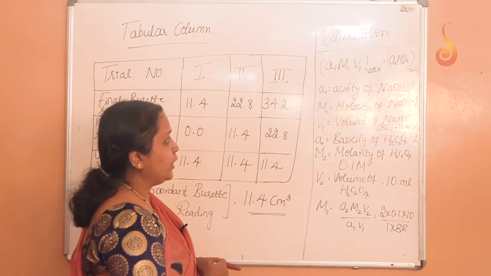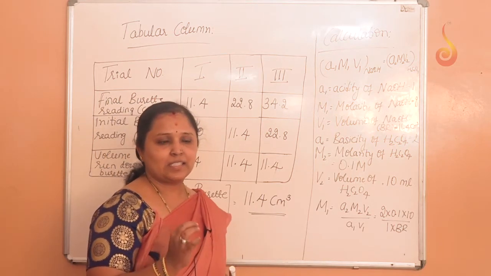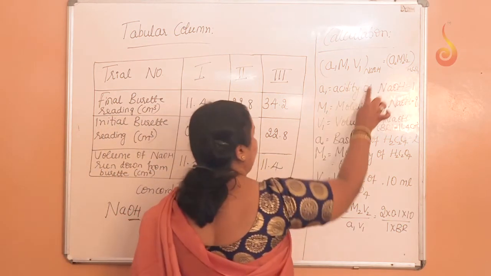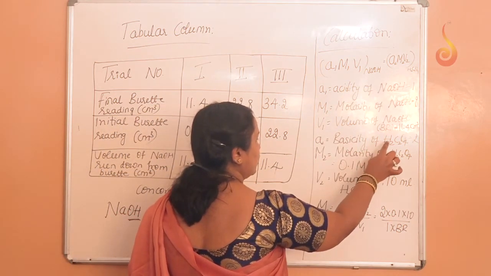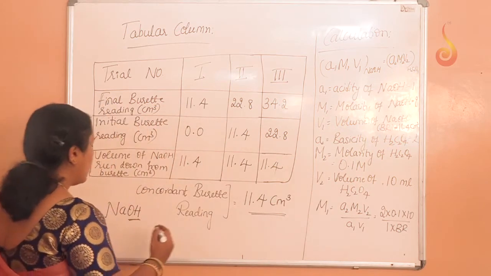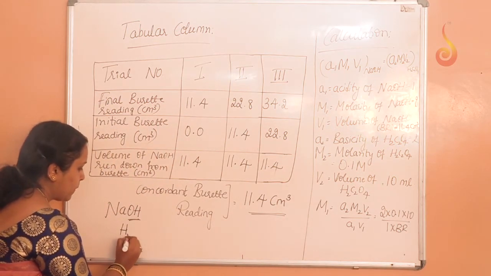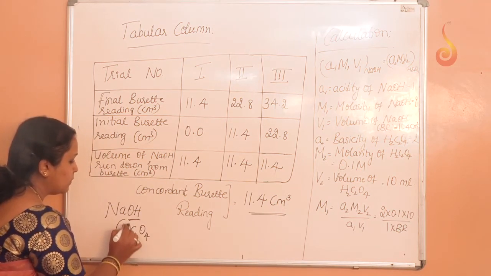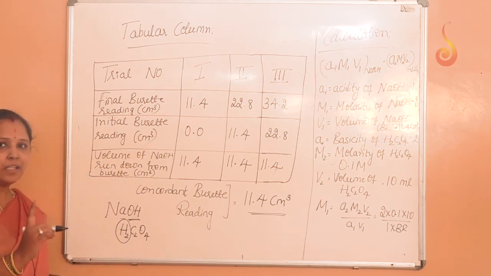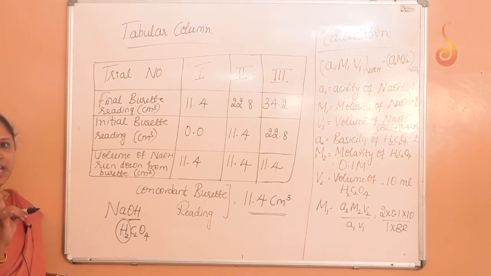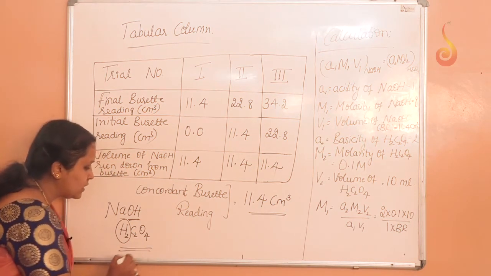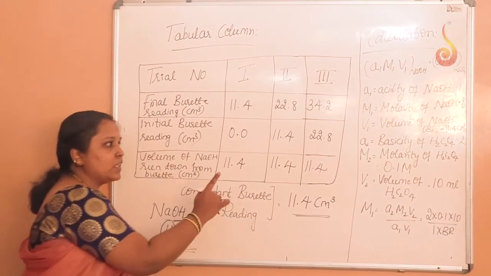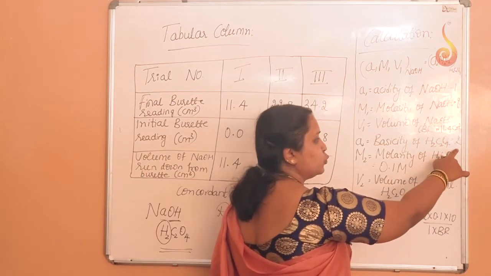Now, what is A2? For a base it is acidity, for an acid it is basicity. Therefore, A2 is nothing but the basicity of oxalic acid. So, what is meant by basicity? Basicity is nothing but the number of replaceable hydrogen ions present in one molecule of the acid. Oxalic acid has got two replaceable hydrogen atoms, hence its basicity is 2.